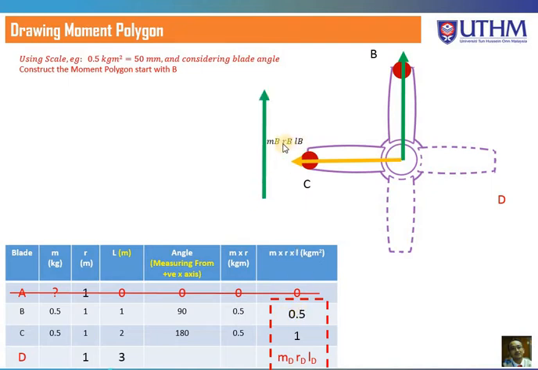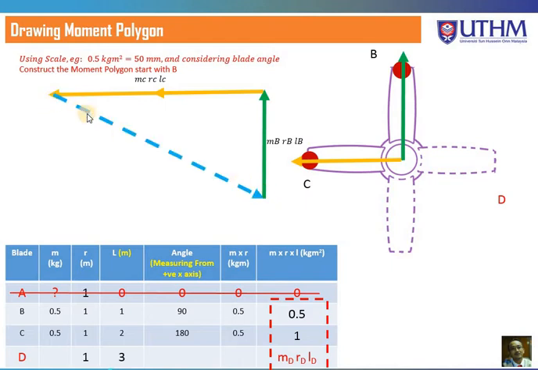This is MB, RB, LB, the moment for B, and then this is the moment for C. You don't know the value of D, but keep in mind that by having the moment polygon closed, the system is dynamically balanced.